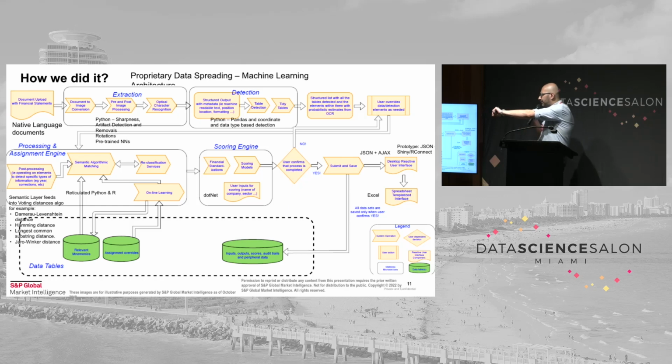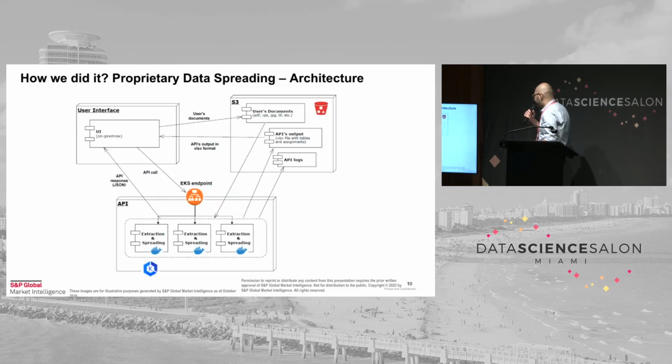There are different algorithms to look at semantic distances, and you will have to try multiple different ones to settle on the one that is closest. Then the same process runs through the scoring engine, and you save it. As a prototype, we used Shiny; you could use Dash. Once you know what it is, you build the JavaScript-based web application.